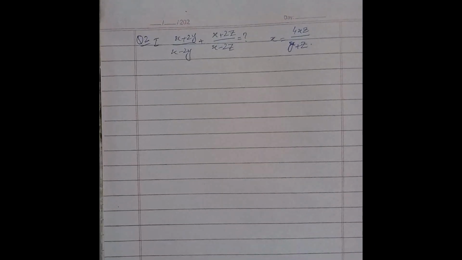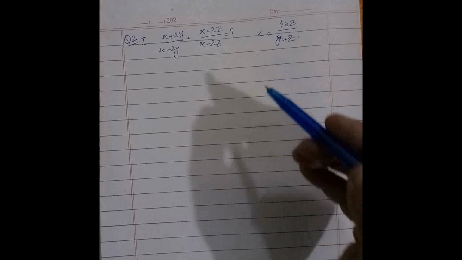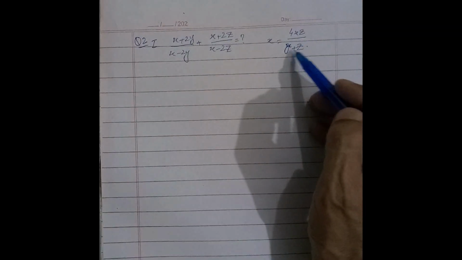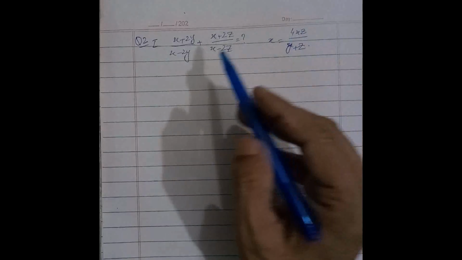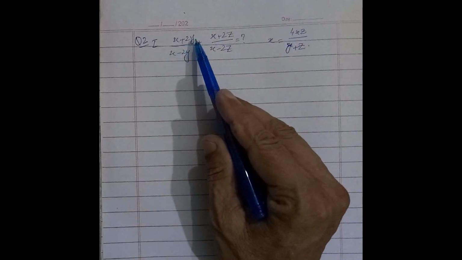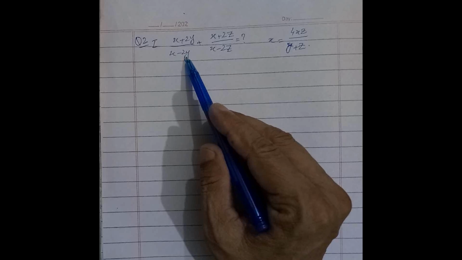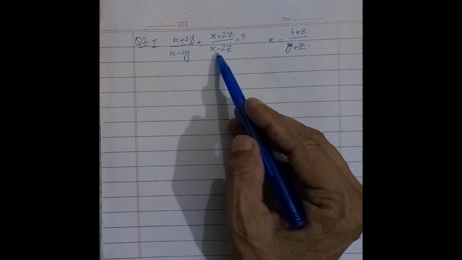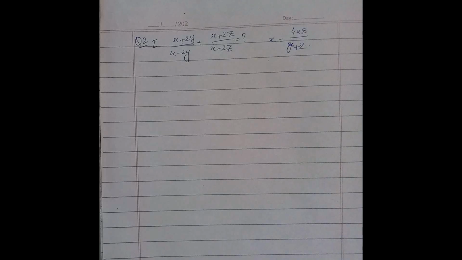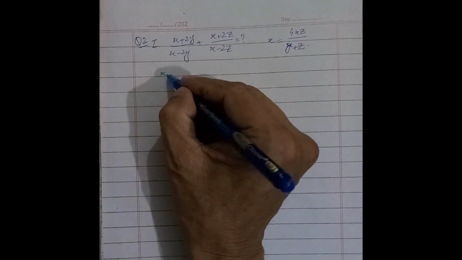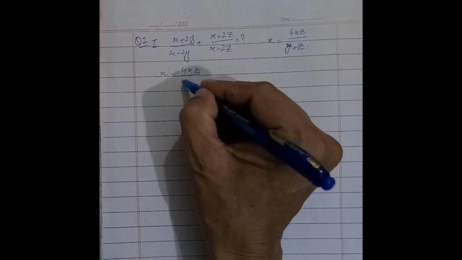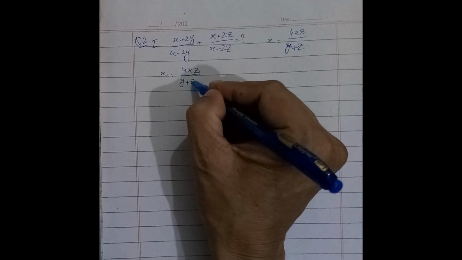We have in this question x is equal to 4yz over y plus z, and we find the values of x plus 2y over x minus 2y plus x plus 2z over x minus 2z. We take the given value, which is x is equal to 4yz over y plus z.